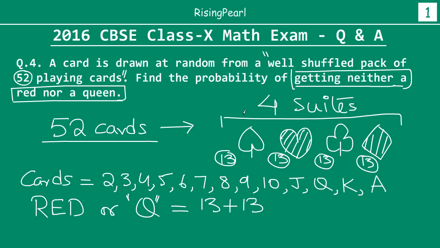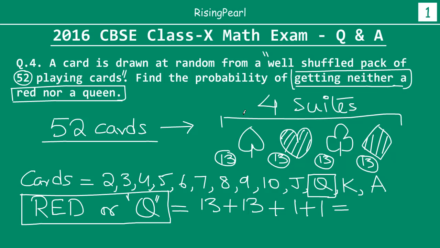But notice that we want to pick red or queen, right? So all these cards will work. In addition to that, we can also pick the queen of spades and the queen of clubs. Meaning our goal is to pick any card which is red or queen, so we can pick 13 cards of hearts, 13 cards of diamonds, plus the queen of spades, plus the queen of clubs.